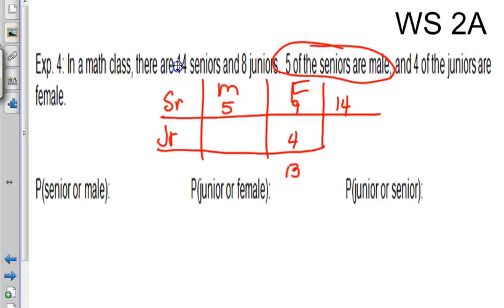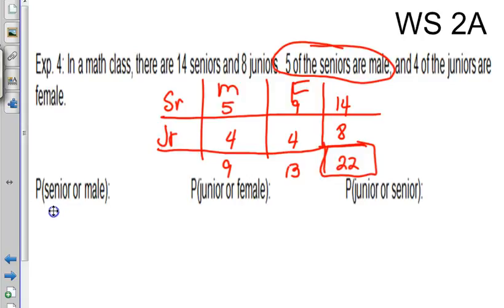But it said there were 8 juniors total, right? They gave us that. So this one is how many male juniors? 4. So a total of 9 males, right? And a total of how many people altogether then? Because seniors and juniors add up to 22, and male and female adds up to 22. Are we good? Okay.